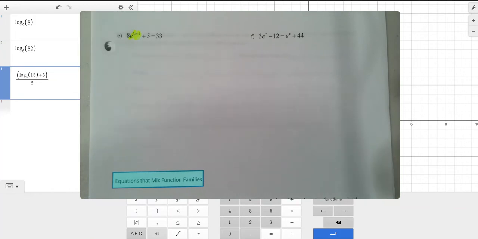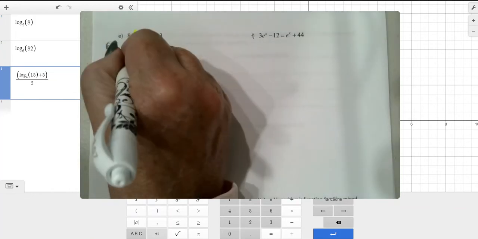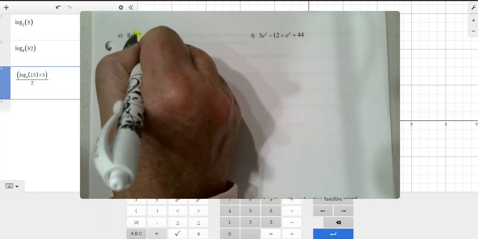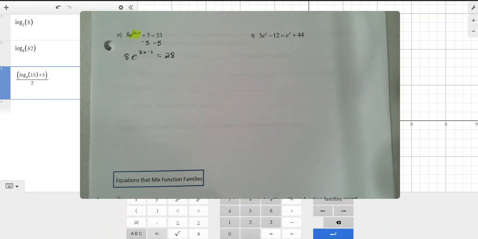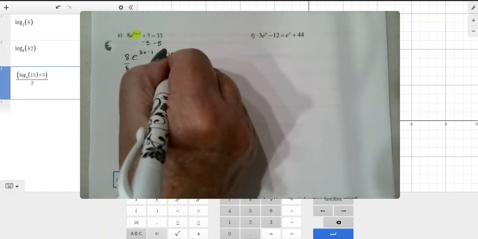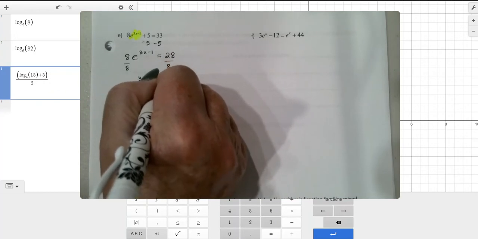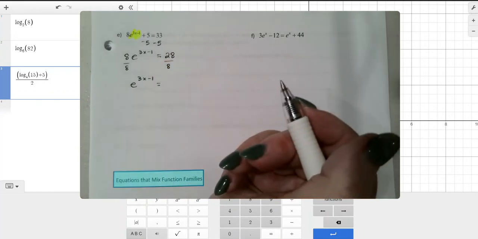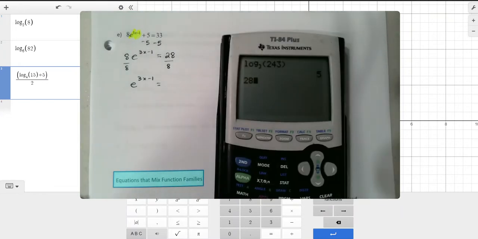So I got to subtract the 5. 8 e to the 3x minus 1 equals 28. And then divide by the 8. So e to the 3x minus 1 equals, let's see, let's just divide it out. 3.5.